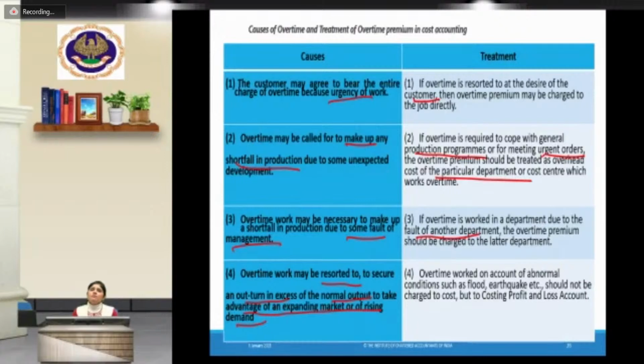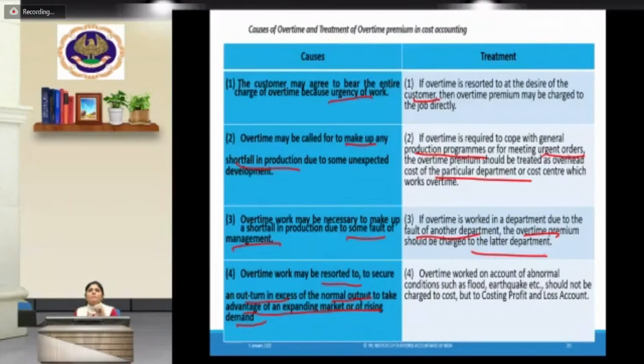Or the raw material purchase was delayed, so production was delayed, and when production started, they had to work very fast to complete the production order. That overtime is because of the fault of the purchase department, so it will be charged to the faulty department. Clear? So the treatment tells you where the overtime cost should be charged.